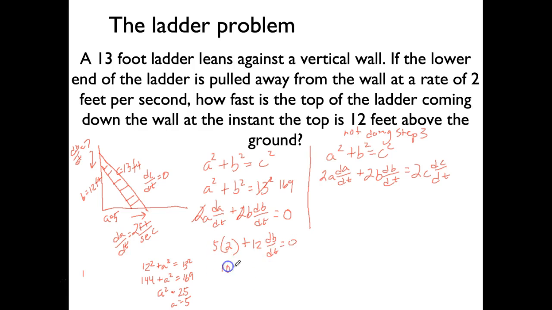That's going to be 10 plus 12 dB over dt equals 0. And I can subtract this over, so it's going to be 12 dB over dt equals negative 10. So my answer is the change in B with respect to time is going to be negative 10 over 12. Or that could also be simplified as negative 5 over 6.